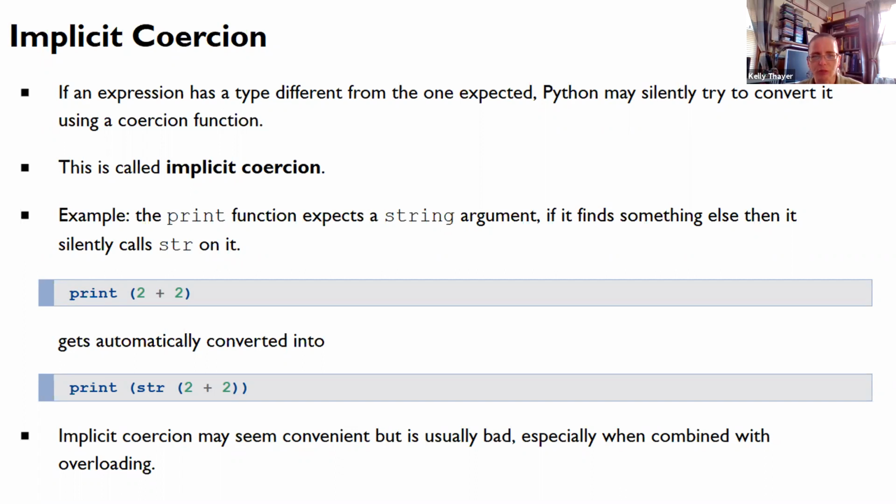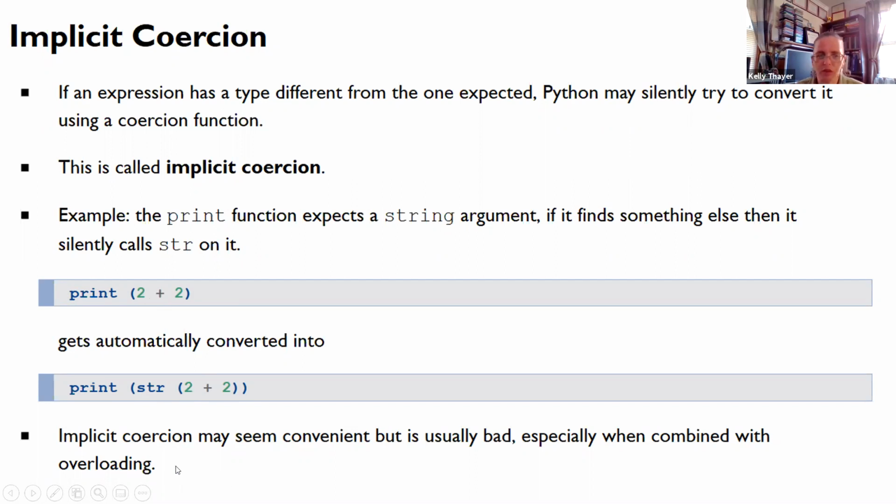The print function expects a string argument, and if it finds something else, then it silently calls str on it. So print 2 plus 2: 2 plus 2 will resolve to 4, which is type int, and print cannot do anything with an int, so it's going to call str on it and convert it to the string representation of 2 plus 2, which of course is 4, so that it will report 4 on the screen.